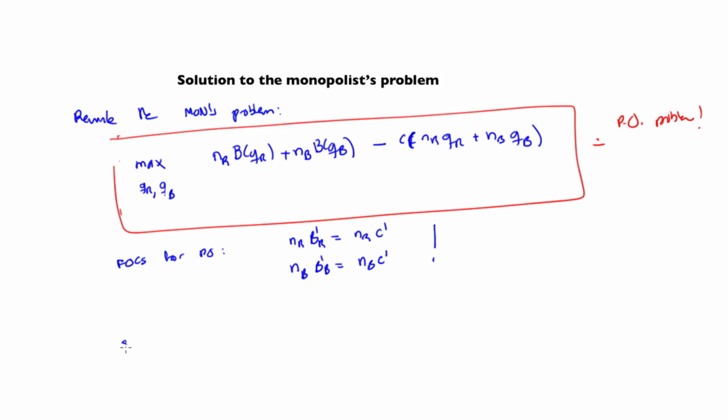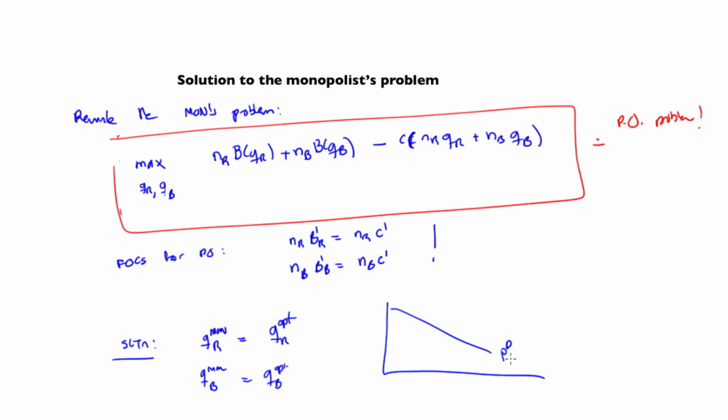And the solution is that the Q_R that the monopolist is going to choose is just a function of the type that we have seen, that has every red consumer consuming at the optimum, and the same thing for every blue consumer. So both functions are going to look like this. If this is the inverse demand function of type I, and this is the optimum quantity for type I, the function is going to look like this at the solution.